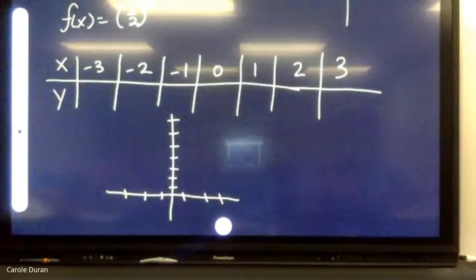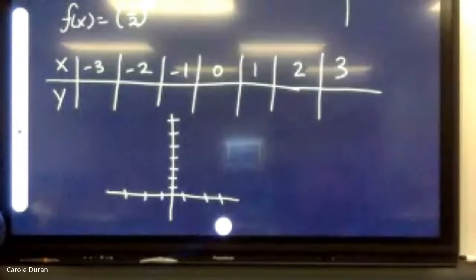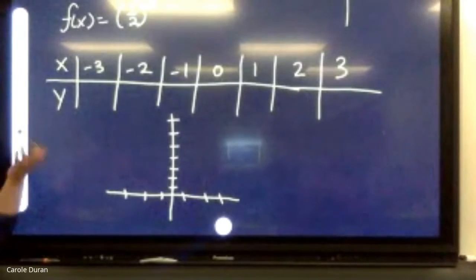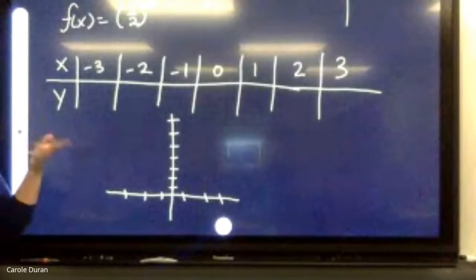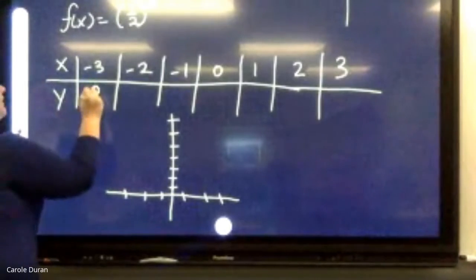Okie doke. When I take 1/2 to the -3 power, what's the first thing that's going to happen? It's going to flip, and 1/2 becomes 2, or 2 over 1, which is just the whole number 2. And then we raise that 2 to the +3 power, because once I flip it, the negative goes away. 2 cubed is 8.